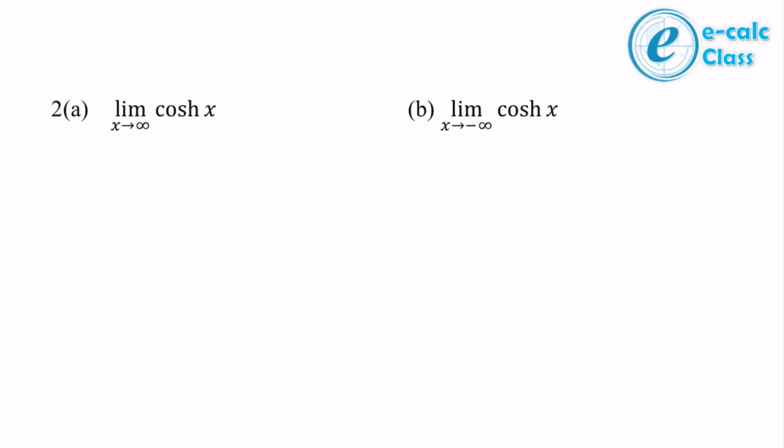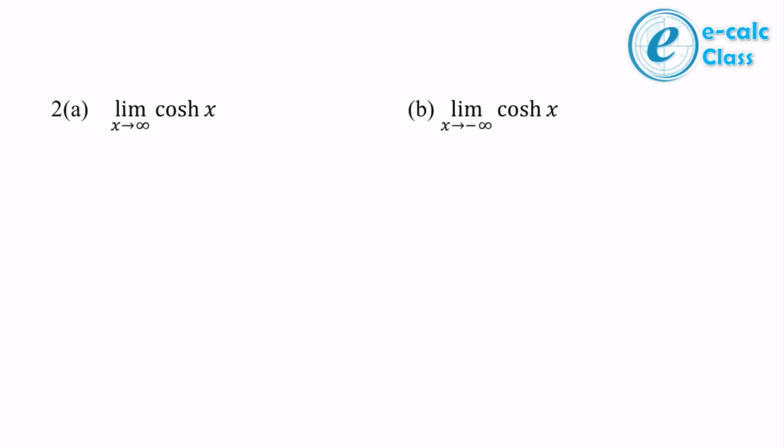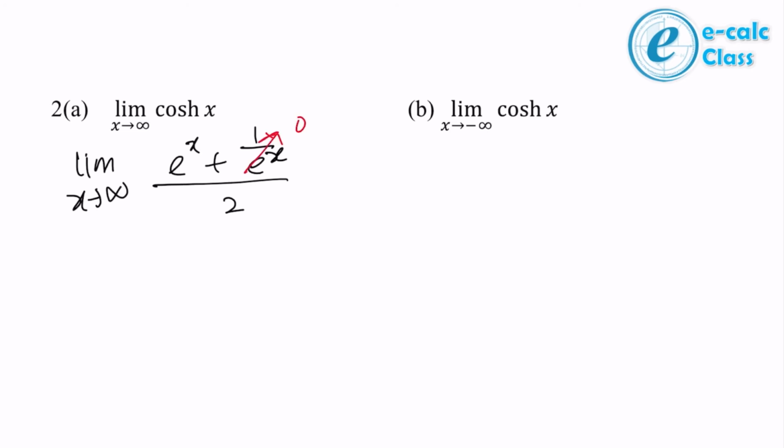Okay, so cosh is actually very similar to sinh, just like it is now plus instead of minus. Okay, so the limit as x approaches infinity, e to the x plus 1 over e to the x, over 2. And you know, because it is plus, so it doesn't matter. This is your 0, this is your infinity over 2, it is positive infinity, finish.